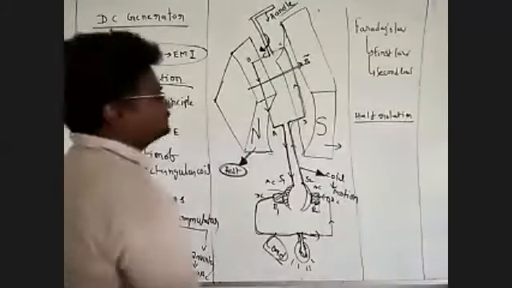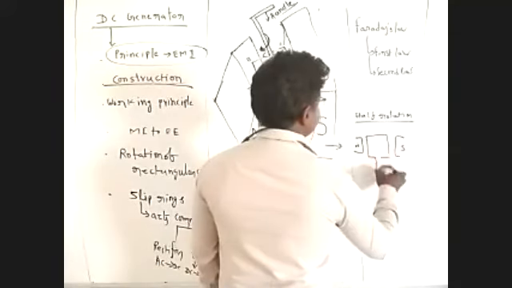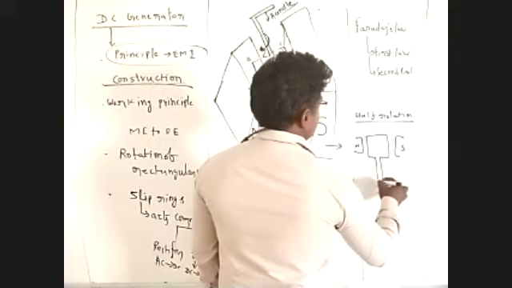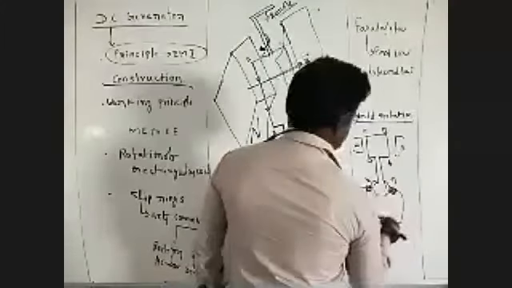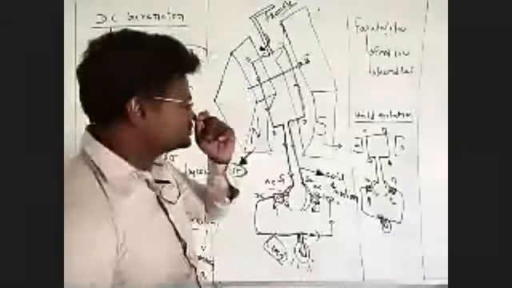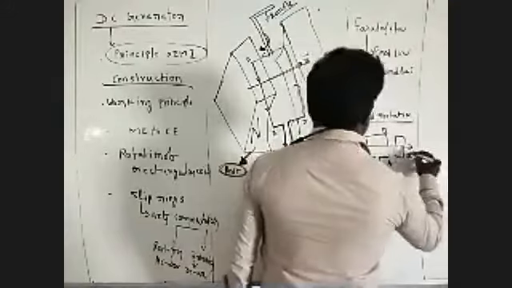In the second half rotation, this is the north pole, this is the south pole, and this is CD. Now you see the direction of the magnetic field is from north to south.